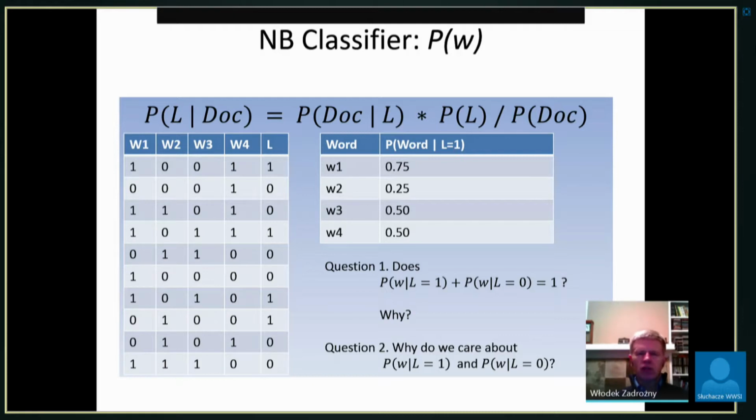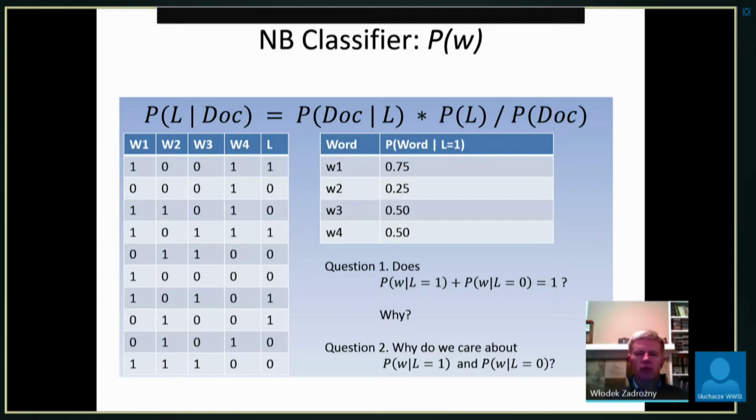So the next question is, why do we care about these probabilities of words given label? Well, the reason is that we do not know what the probability of the document really is. Okay, but we do know that we can compute the probability of the word given label, and words are put together in a document.